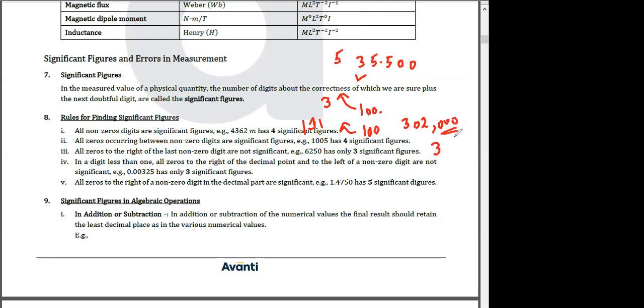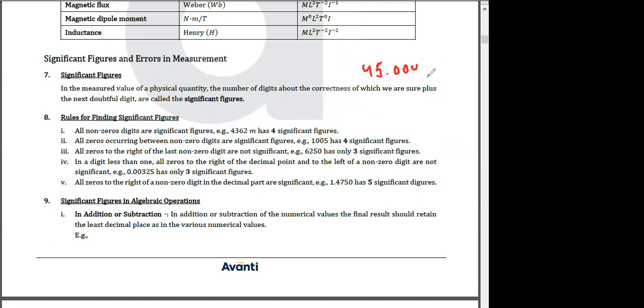It is better to write the examples. So I can say, if zeros come after the non-zero digits without a decimal, they will not be considered significant digits. But if they are after the decimal, they are considered. Yes or no? Clear, Yachis? Yes, sir. Now, if I'm saying 45.00000, I've put the point, how many significant digits?